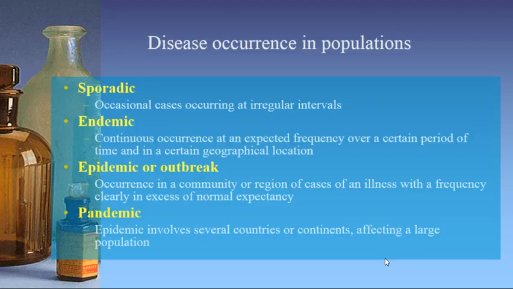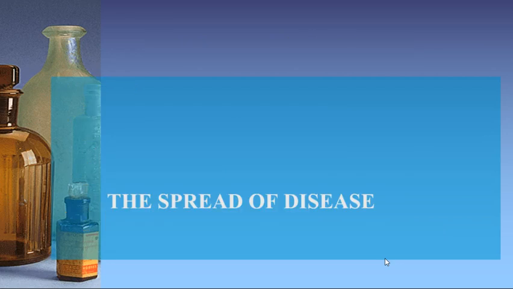An epidemic or an outbreak is where you have some illness that has a much higher frequency than normal. That's what we see when we have a flu epidemic or the Ebola epidemic. And then a pandemic is actually an epidemic that crosses borders. This is going to involve several countries or continents, affecting a large population.